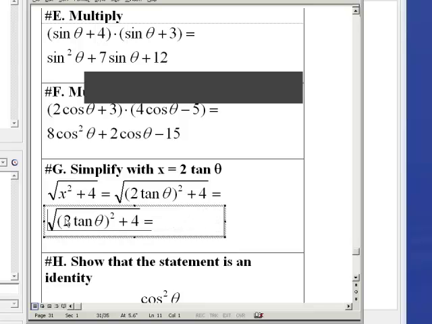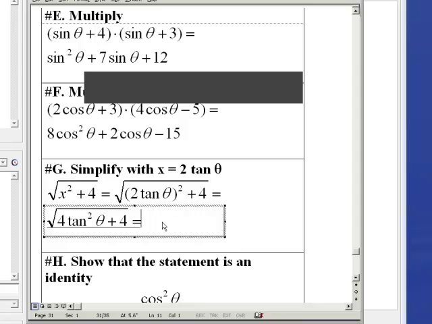Okay, let's see. So here I'm going to have 4 tangent squared. I'll put the square right here. There we go.